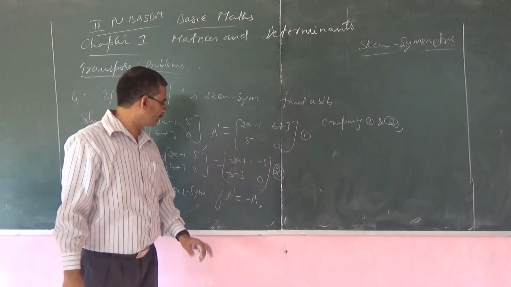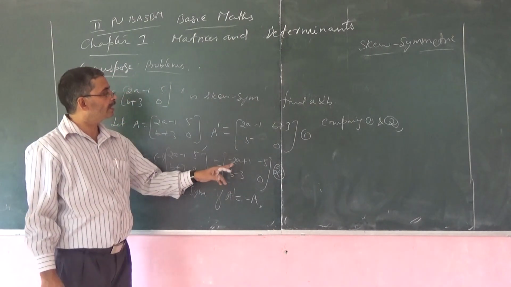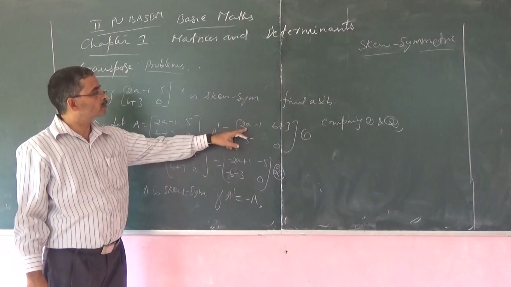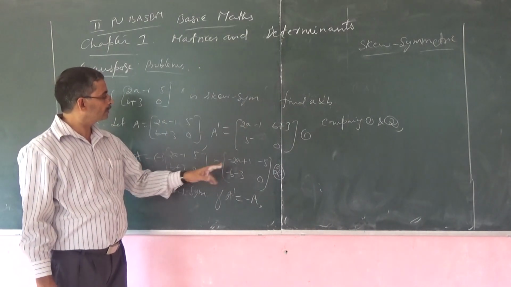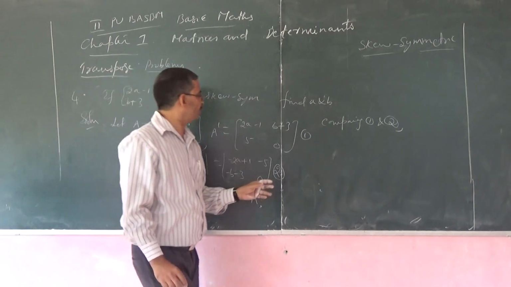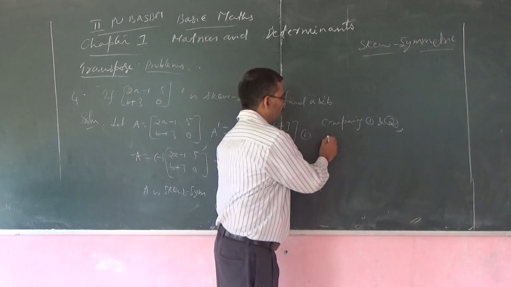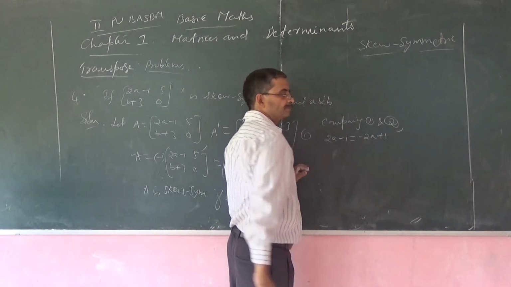Comparing 1 and 2, we get here 2a minus 1, and there minus 2a plus 1. So that is actually this element you can directly give. Comparing, we get 2a minus 1 equal to minus 2a plus 1.